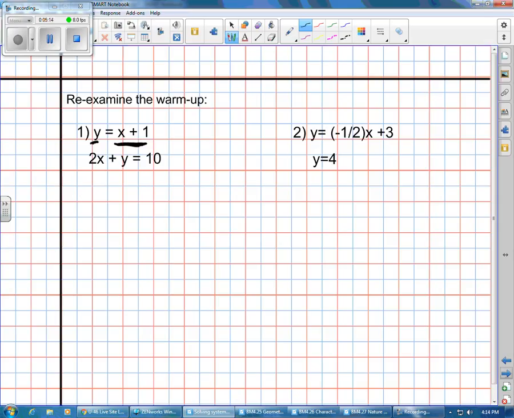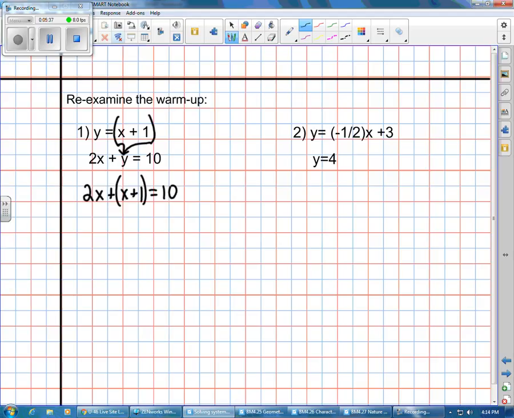So I'm going to suggest that we put parentheses around whatever y equals, and substitute that whole thing in for the y in the other equation. So I'm going to rewrite it as 2x plus (x plus 1) equals 10.